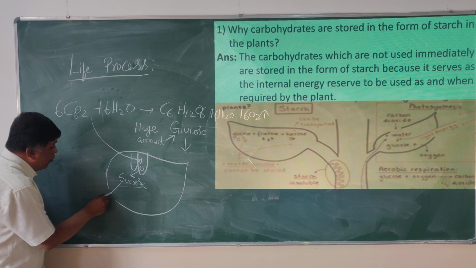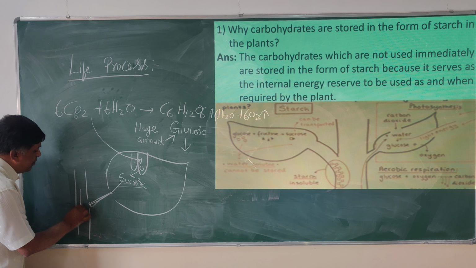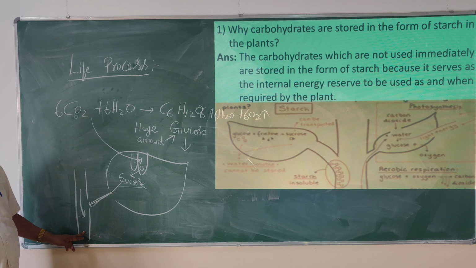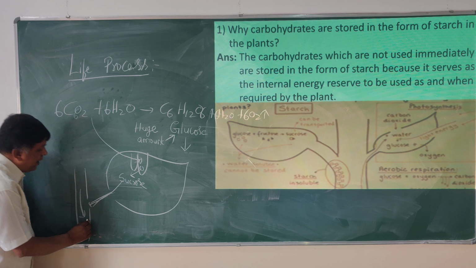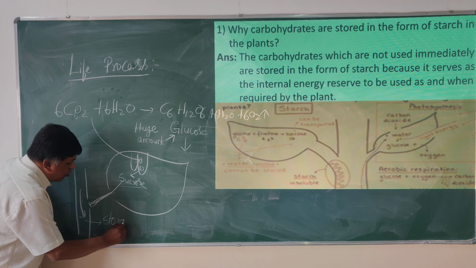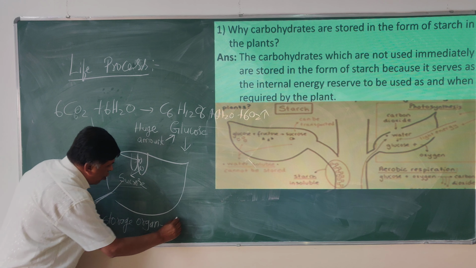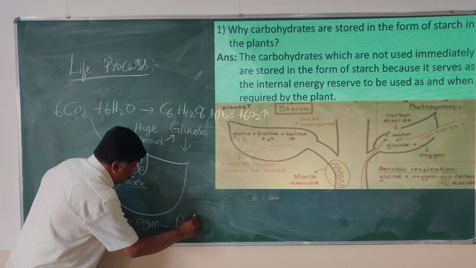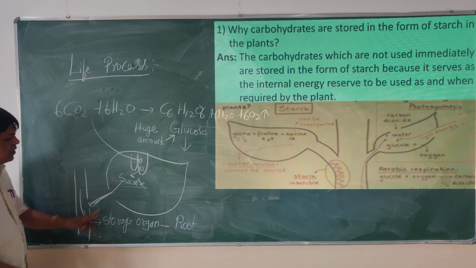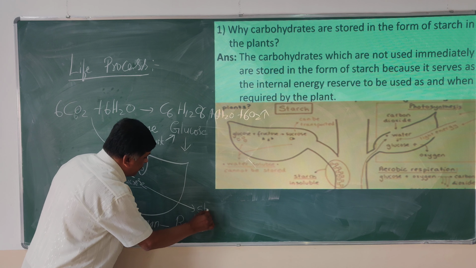Sucrose moves through the veins, comes to the phloem, and in the phloem it moves to the storage organ and ultimately is stored there. For example, let me say the storage organ is the root. In this root, sucrose is converted into starch.